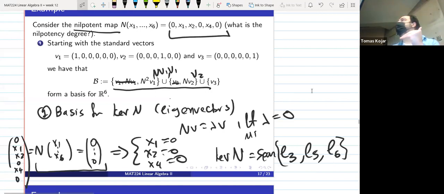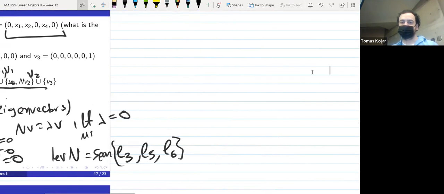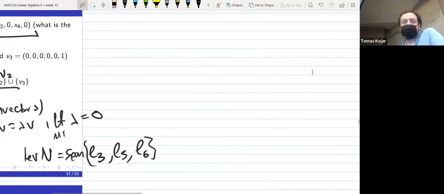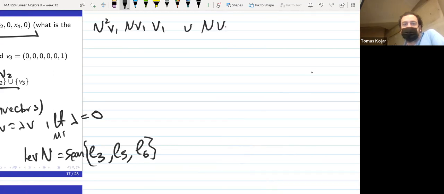So this is where you start. Here's how you play this game. It's like a game. We want to generate the basis, like I said: N v1, v1, N v2, v2, and v3. Here's how you do it. You start with this basis and you go backwards.